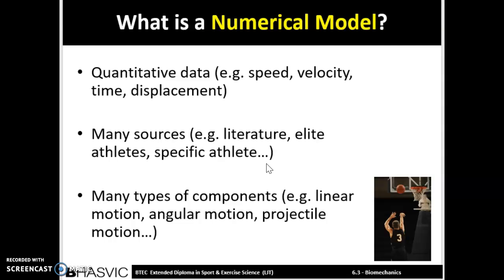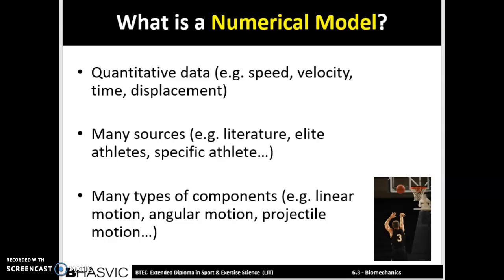But as a teenager, they are unlikely to be, or almost impossible to be, reaching those professional standards. So it's more realistic to use normative data from their age group. And this could be done by recording or looking at digital images, or measuring and producing a model by scaling, for example.